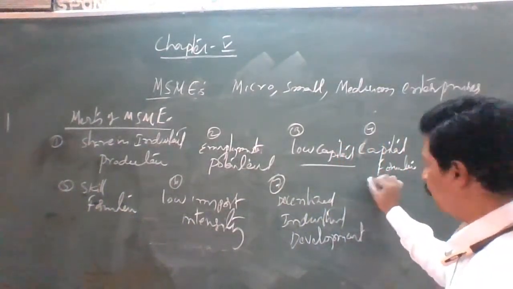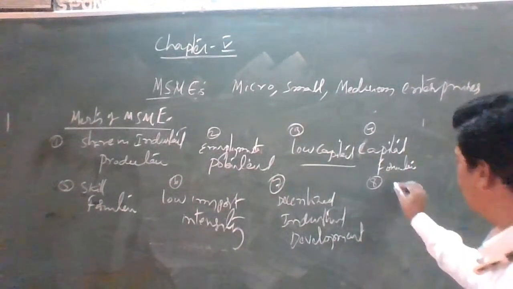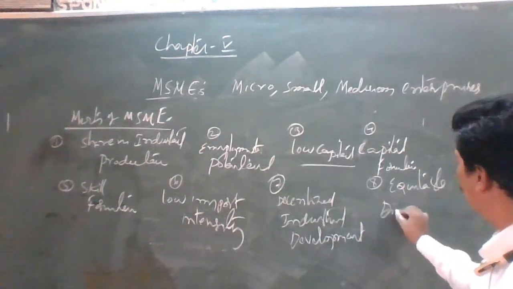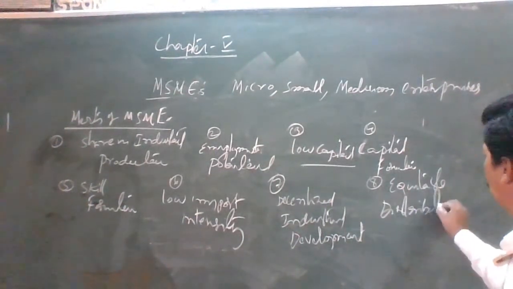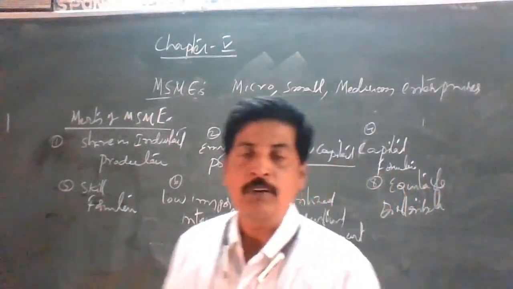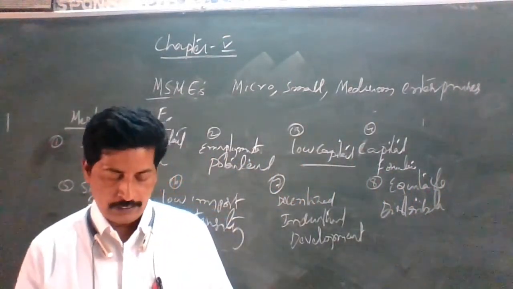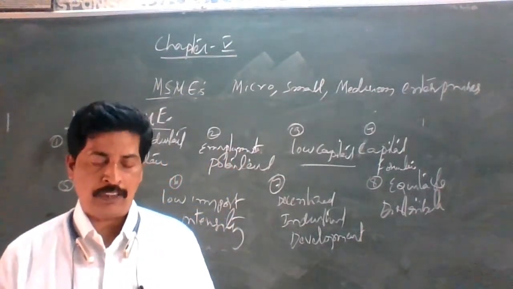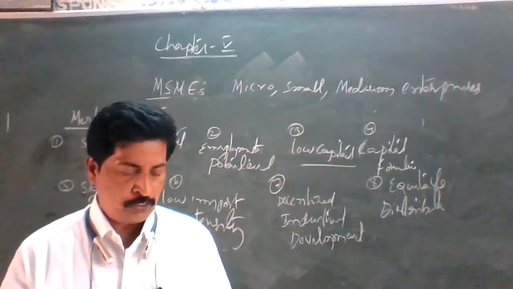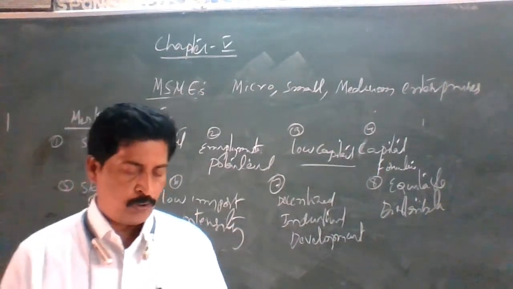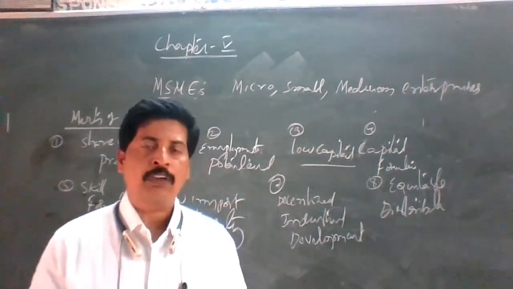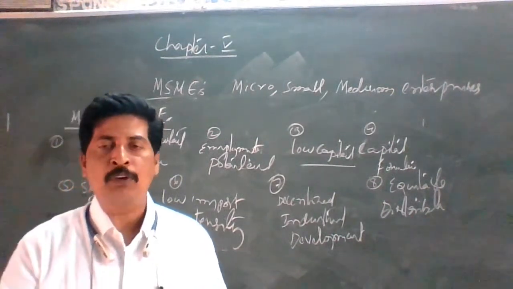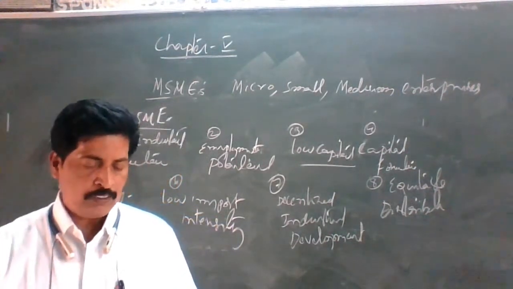Then coming to the eighth one, equitable distribution. Equitable distribution is possible because small scale units or MSMEs distribute their profits. Whatever profits are earned by all the small scale units or MSMEs can be distributed among all the industries.